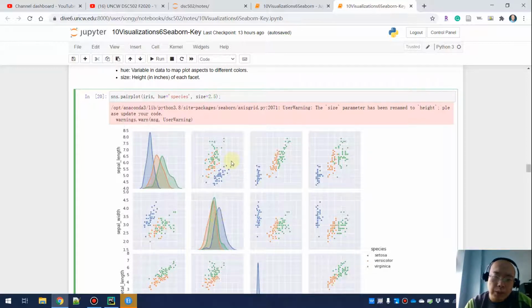And if you just want to observe those 2 features, you may find that the blue species, setosa in this case, is really separable from the other 2 species, right? So if we are only using the sepal length and the sepal width, we can easily tell which flower is setosa because they are here and they are kind of separated from the other 2 classes.